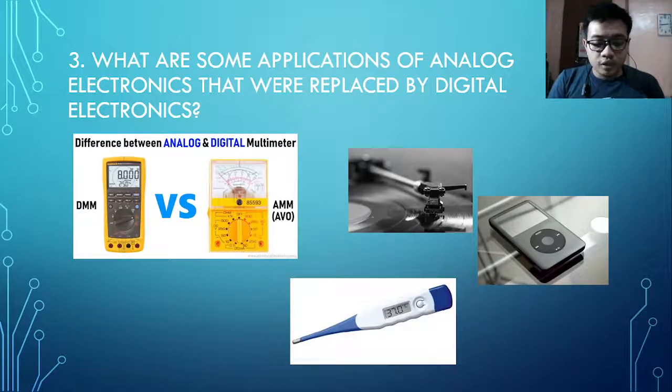The primary difference between these two devices is that an analog multimeter uses a needle, which is shown here, and this needle is where you read the display of various parameters such as voltage, current, and so on. Meanwhile, the digital multimeter shows the results as a number, as shown here. You don't need to estimate what's shown by the needle, and in terms of convenience, the digital multimeter is a great replacement.